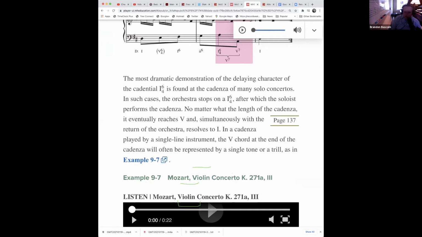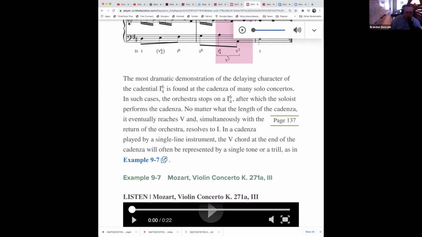The most dramatic demonstration of the delaying character of the cadential 1/6/4 is found at the cadenza of many solo concertos. In such cases, the orchestra stops on a 1/6/4, after which the soloist performs the cadenza. No matter what length of the cadenza, it eventually reaches 5, tonic, dominant, and simultaneously with the return of the orchestra resolves to tonic.